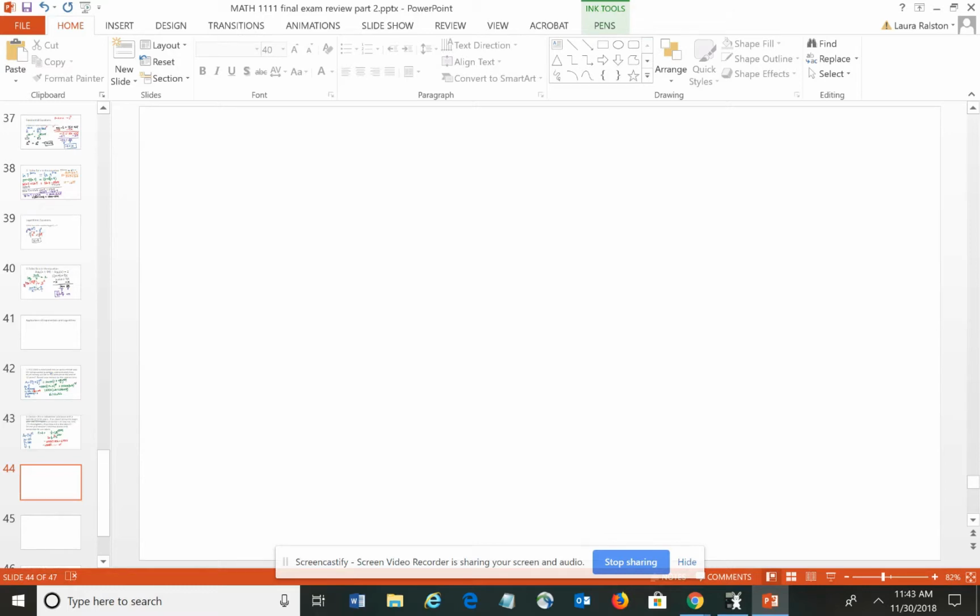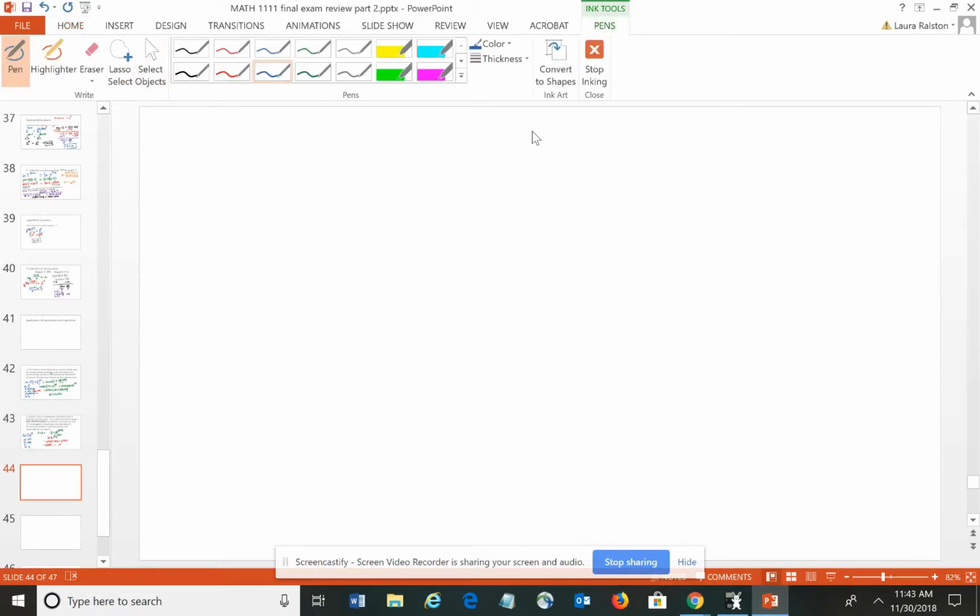We know we're going to end with 155. We started with 240 E, and we have that negative 0.00012 times T. We're trying to figure out how long it is going to take. So then we set about solving this equation for T.